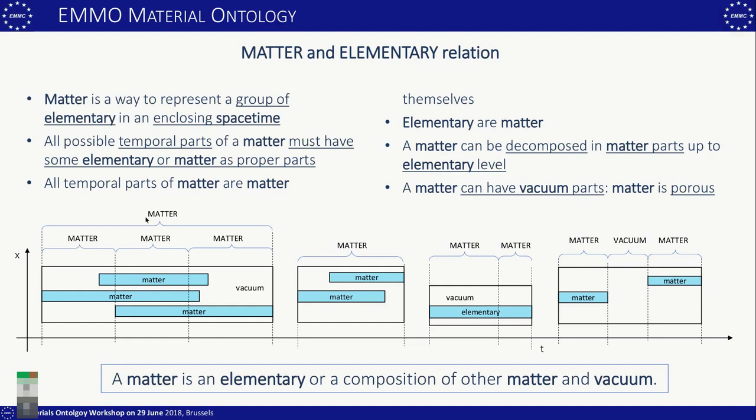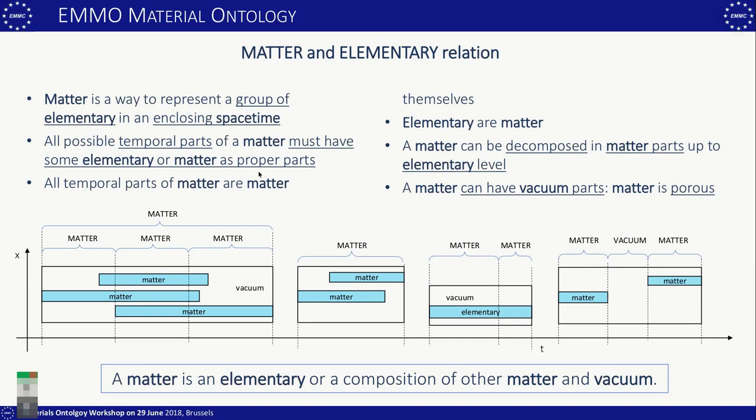Matter is a general representation of a group of elementaries or a group of other matter in an enclosed space-time. So this is matter. It can be partitioned as matter. This is matter. This is matter. This is matter, vacuum, matter.